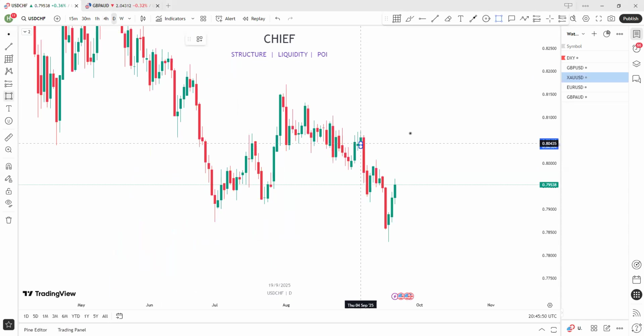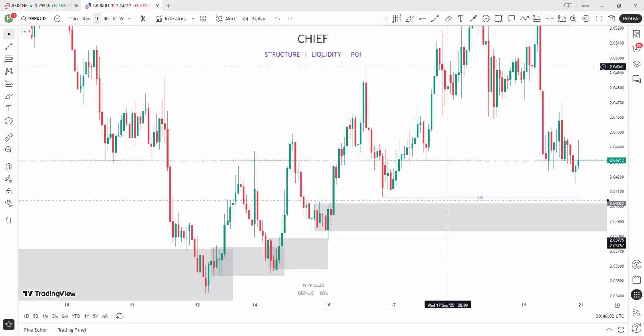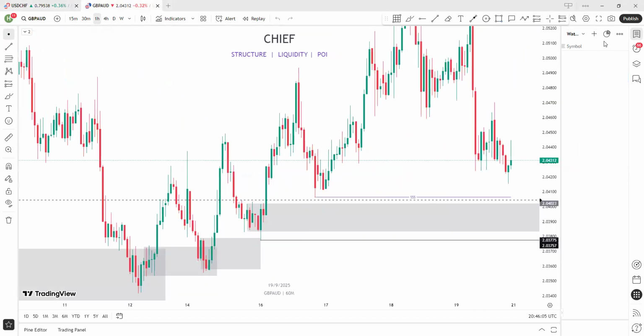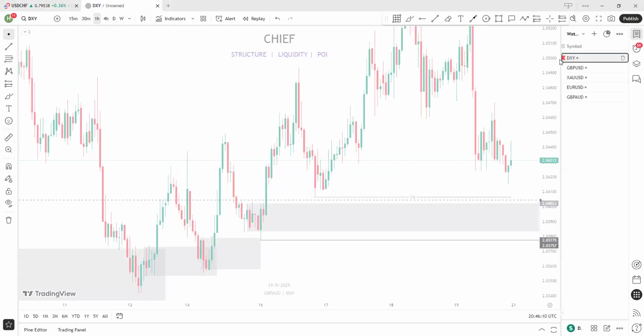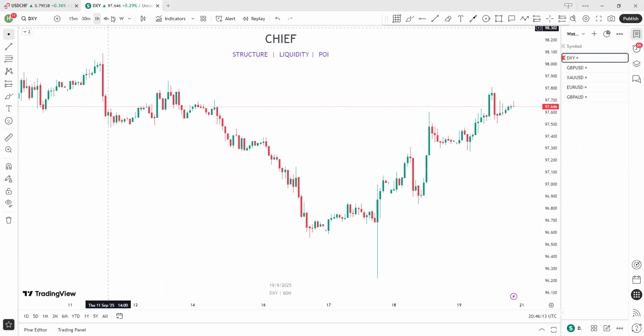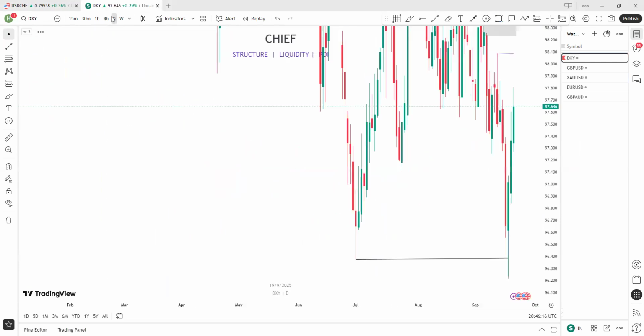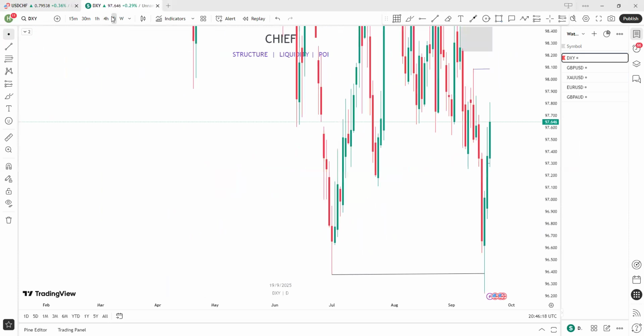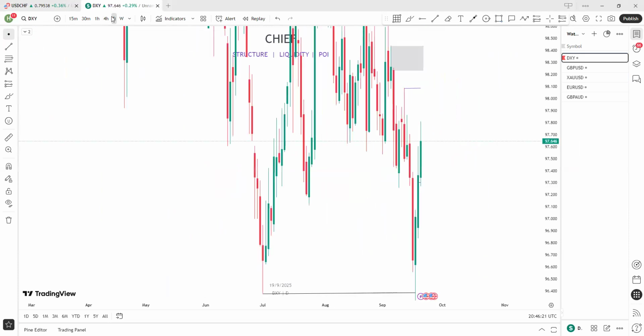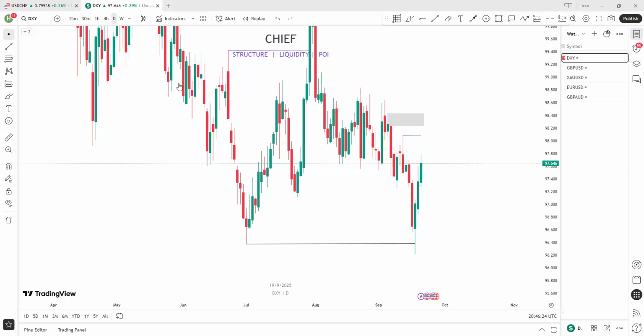The reason I easily locate this is because I have a setup on DXY. So I expect price to tap into this supply and sell. Let me show you my DXY setup. Do you see that? So that's why I'm expecting something like that.